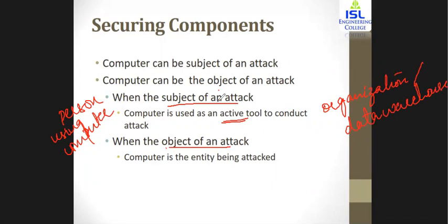That is, in here, subject of an attack means you're using this computer to attack, whereas object of an attack means it is used as an entity that is being attacked. Now, in here, this organization or data warehouse is the object of an attack. And this computer is the subject of an attack.